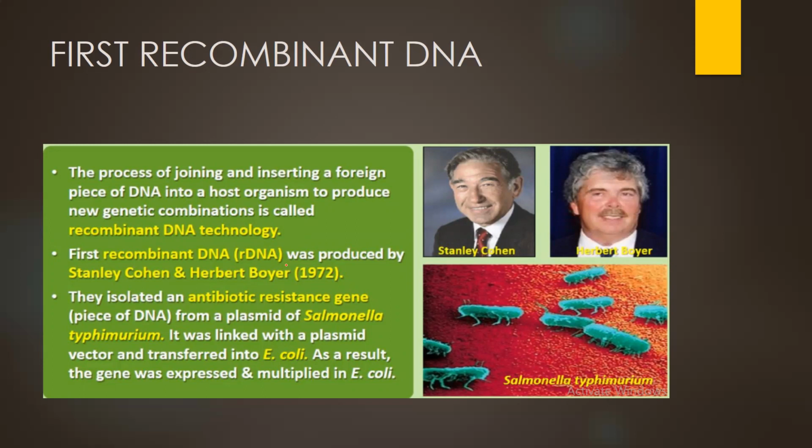Stanley Cohen and Herbert Boyer accomplished this in 1972 by isolating the antibiotic resistance gene, cutting out the piece of DNA from the plasmid which was responsible for conferring antibiotic resistance. This cutting of DNA at a specific location became possible with the discovery of the so-called molecular scissors, which are now known as restriction enzymes. This cut piece of DNA was then linked with the plasmid DNA, and this plasmid DNA now acts as a vector to transfer the piece of DNA attached to it.